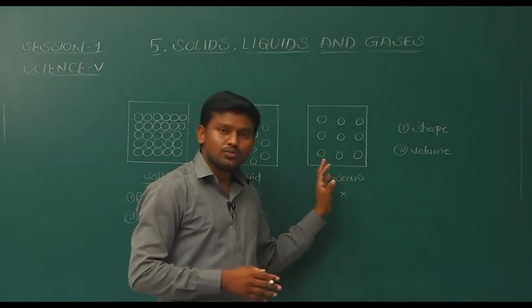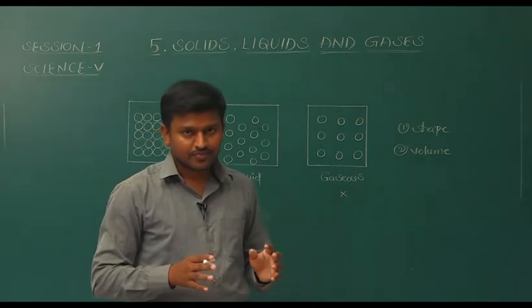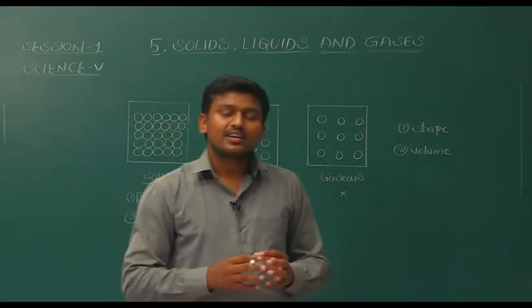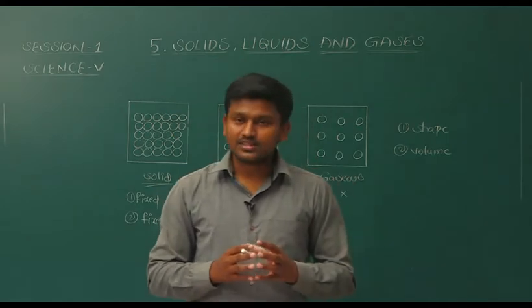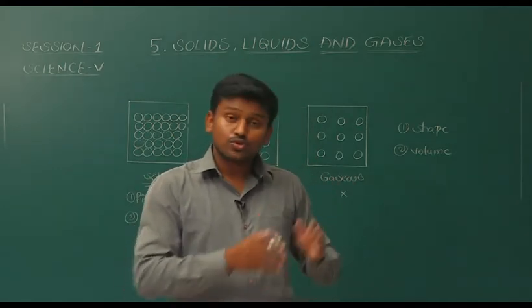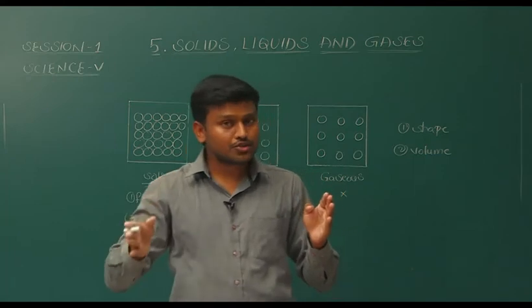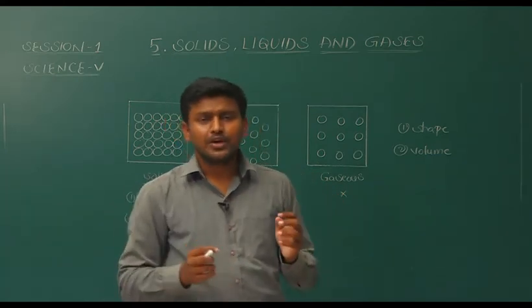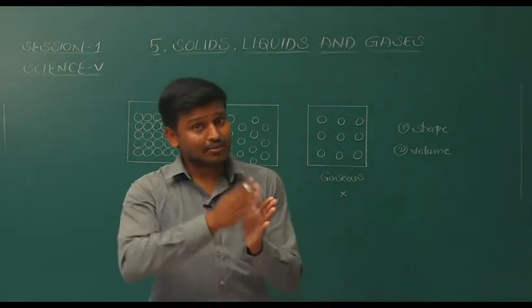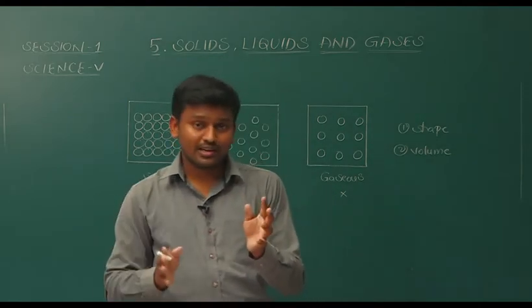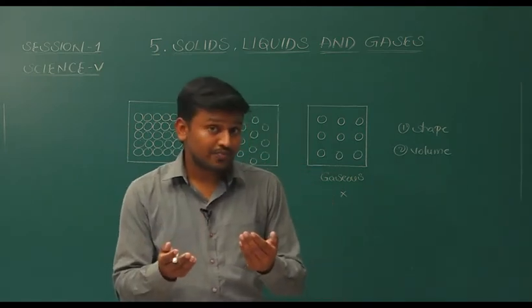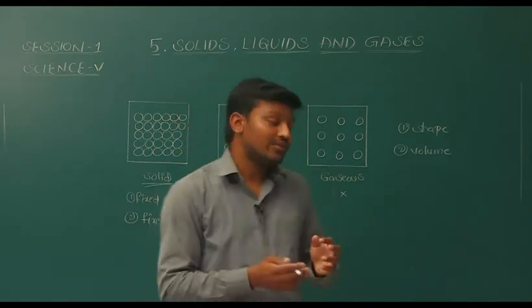So, this volume is not fixed, and solid carbon dioxide is called dry ice. What is that? Dry ice. So, gas can be converted into solid, and it can also be converted into liquid. If it can be converted into liquid and solid, how can it have a fixed volume? So, it does not have any fixed volume.